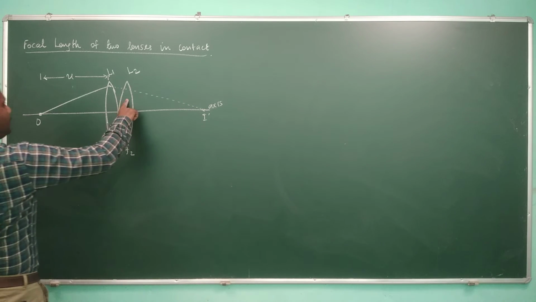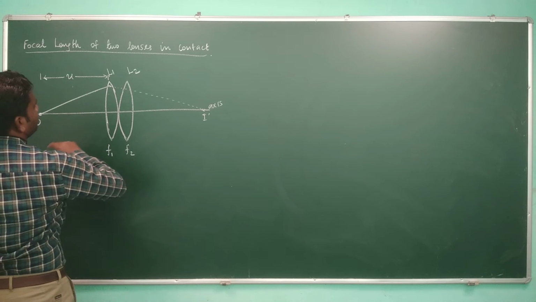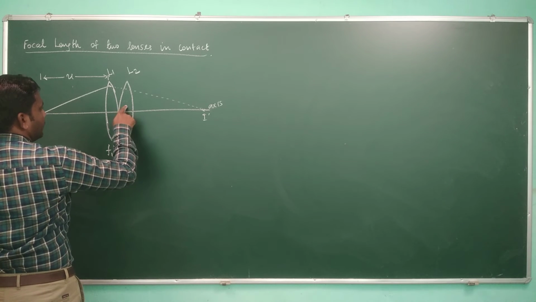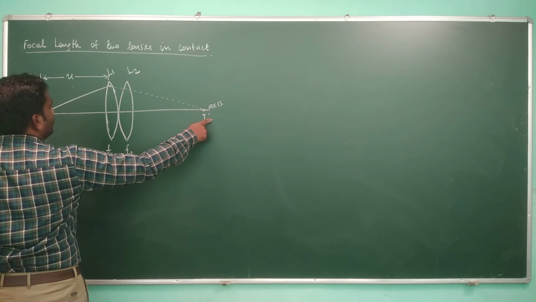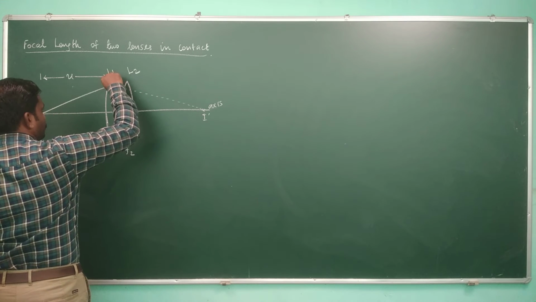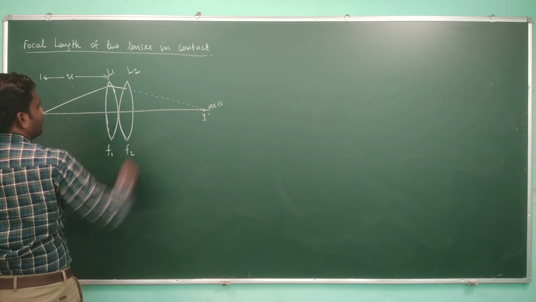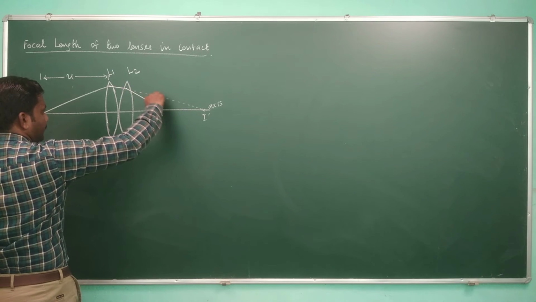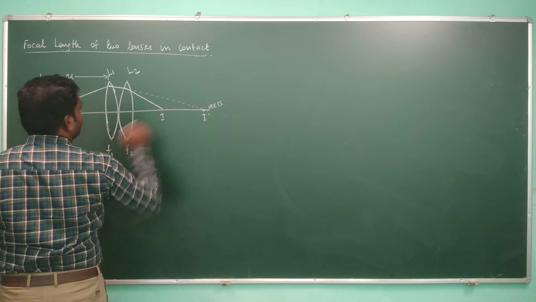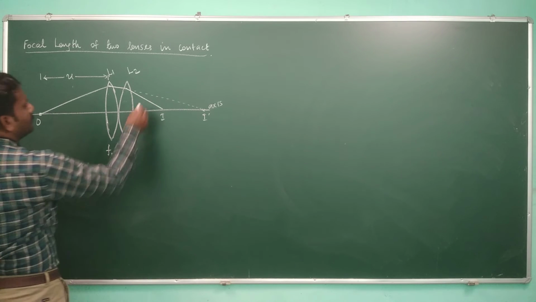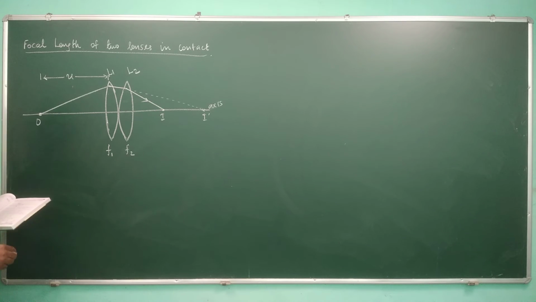But there is a second lens touching the first lens, so this image will act as a virtual object for the second lens. The light ray is refracted again and touches the optical axis at I. So this is the final image that appears here.